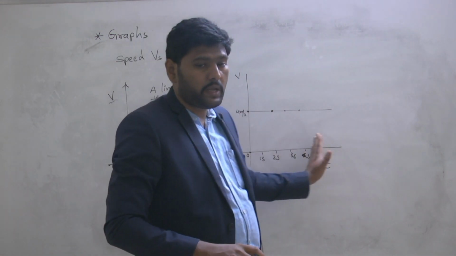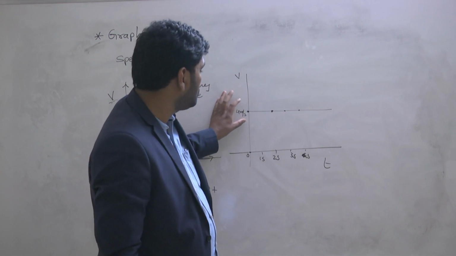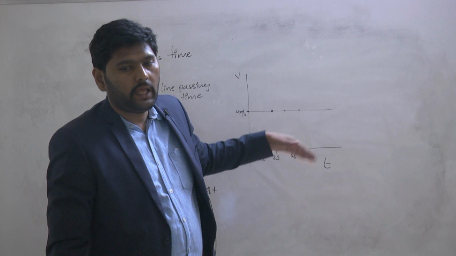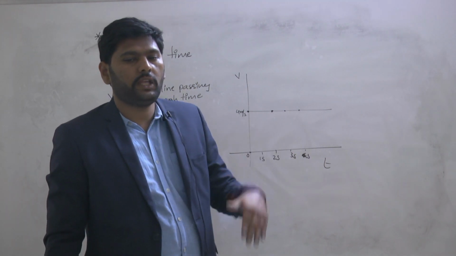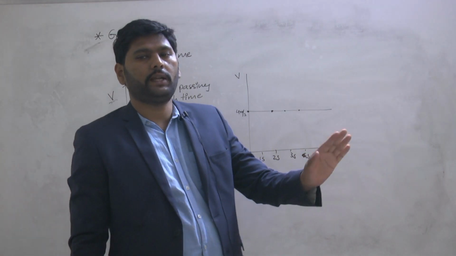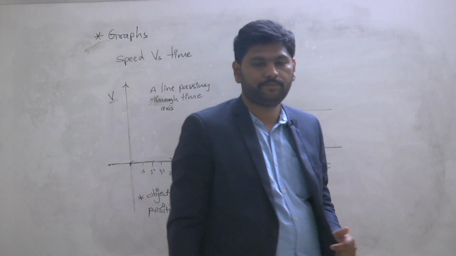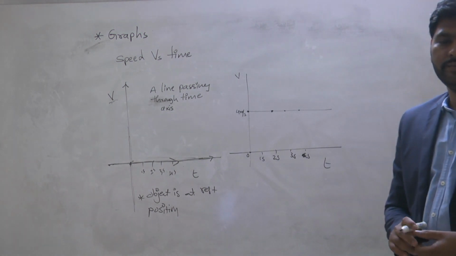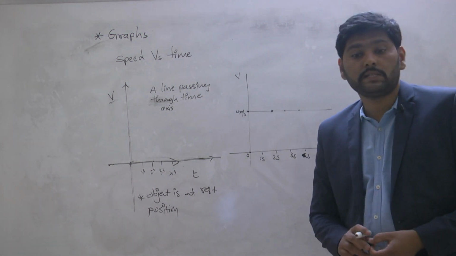As time keeps passing, the object shows only 4 meters per second. So the object has what kind of velocity? Constant velocity, constant speed.